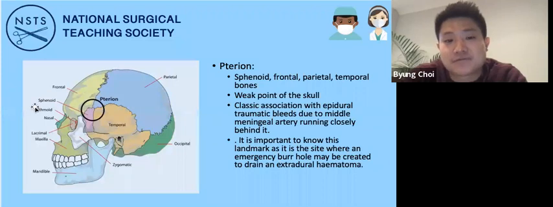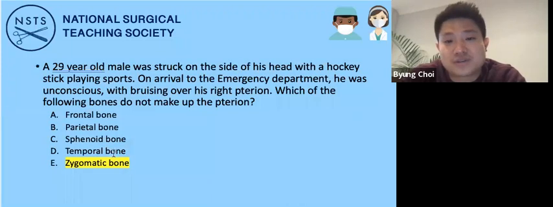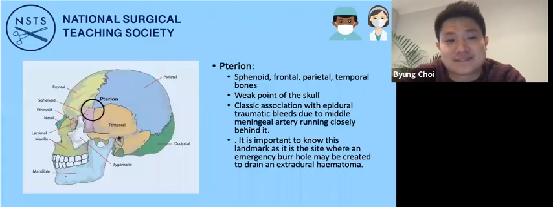It's made up of the frontal bone, the parietal bone, the temporal bone, and then the sphenoid here in pink. The zygomatic bone, which was not part of the pterion, would be the answer here, and that's slightly more anterior in relation to the pterion.